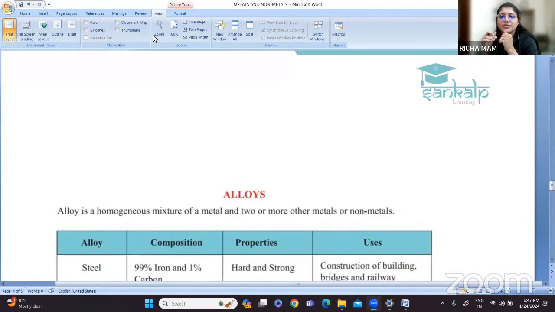So this is nothing but the thermite reaction. It is widely used for railroads only. So this is the use of the thermite reaction.